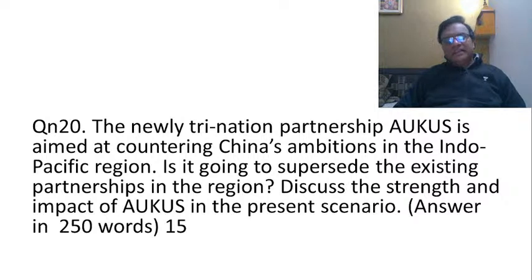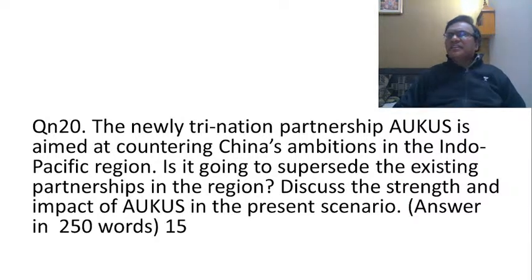For a very long period of time, America has seen China as a major threat. Russia has been replaced with China as a major threat. As we discussed in the previous questions also, China is much more dangerous than Russia. So America is considering China as a major threat to its interests all over the globe.